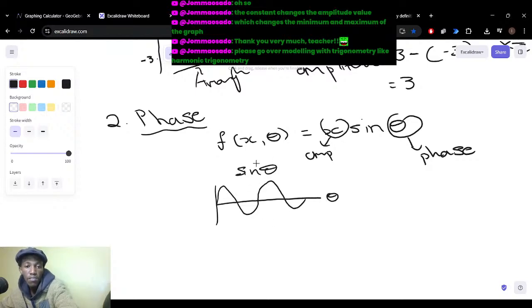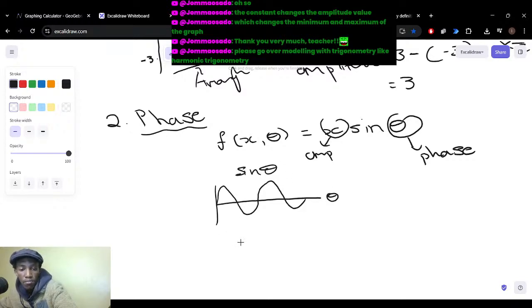So here our theta is actually our phase, so it determines where in our graph we have shifted, or how many units we shifted, or rather, in the case of an angle, how many degrees we have shifted, right?